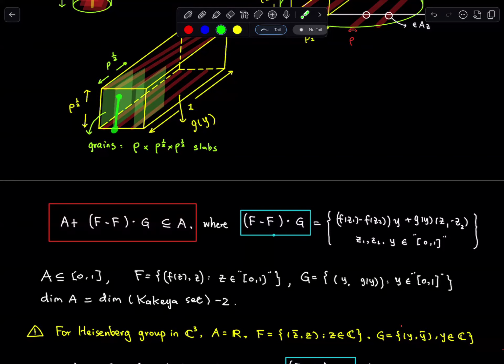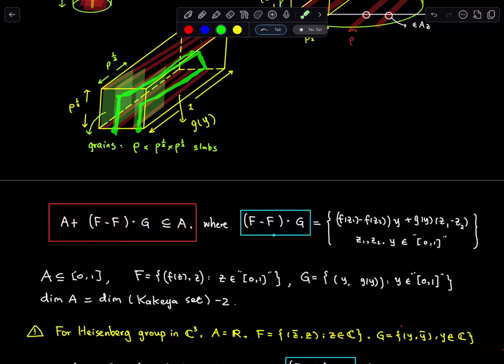This is z1, and then we go along this horizontal tube to some distance y, and then we go downstairs along those yellow slabs to height z2, and then we go along the horizontal tubes of the same height to y equals 0, and then go downstairs. So go down to get another A.